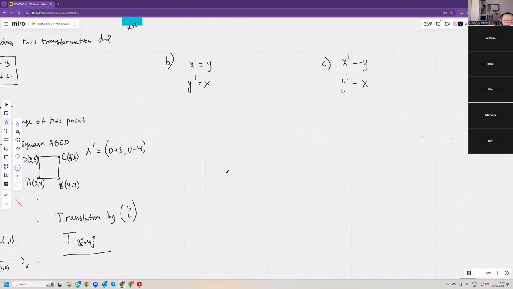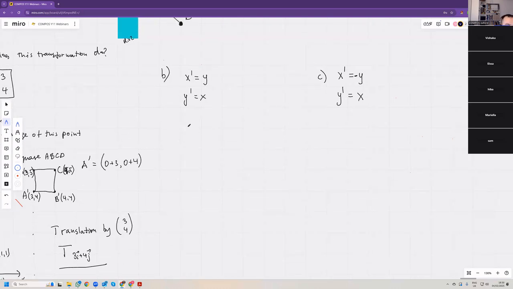What does this transformation do? Well, you don't have to use a square, or you can use a rectangle. So A, 0, 0, B, 2, 0.